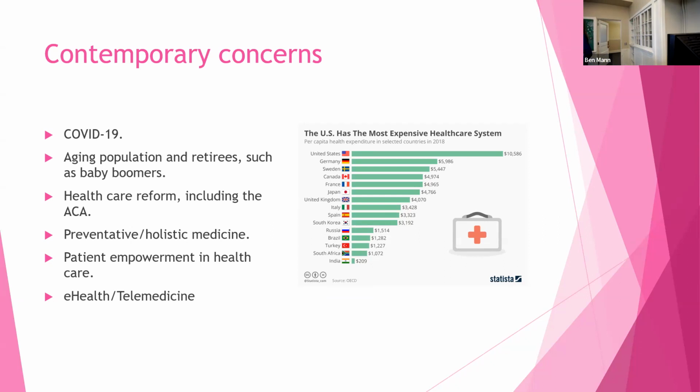We talked a little bit about preventative and holistic medicine. Holistic medicine is the idea of focusing on people as a whole, considering an array of physical, mental, and social needs. A lot of holistic medicine approaches actually have an Eastern rather than Western origin. Another issue here is patient empowerment. It's become a lot more popular, with more focus on empowering and supporting a patient and having them feel involved and understood in that process.